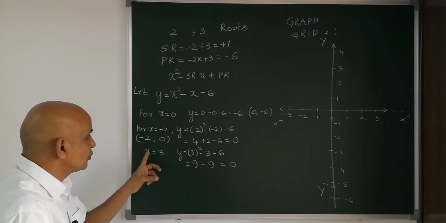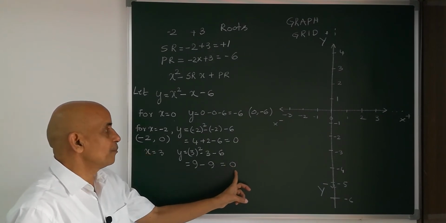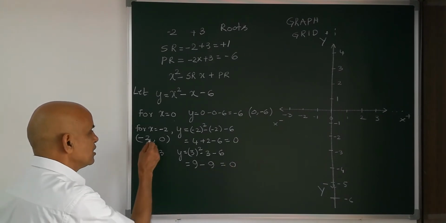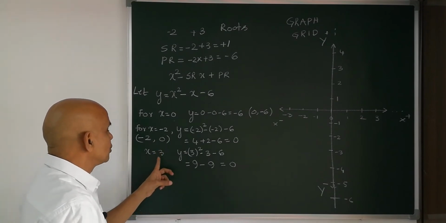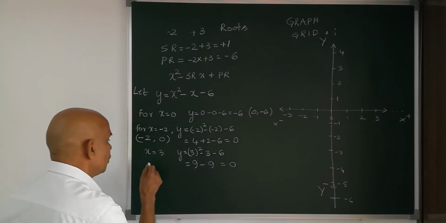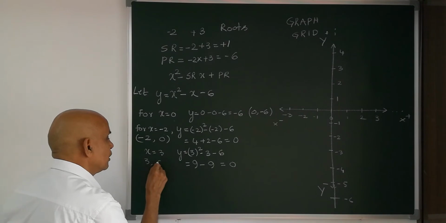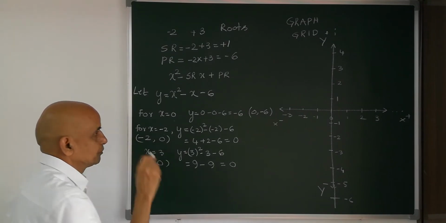It means for the value of 3 also, y is becoming 0. So for this point I have taken x is 3 and y becomes 0. So the x coordinate is 3, the y coordinate is 0.